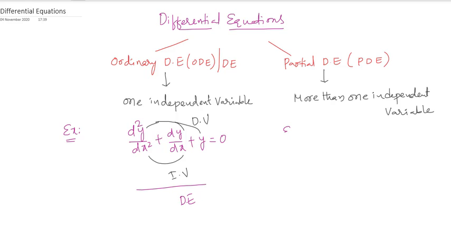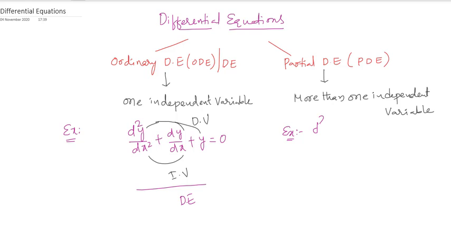Similarly, in the partial differential equation, we'll have more than one independent variable. Suppose I take an equation like d square z by dx square plus d square z by dy square. Actually, a partial differential equation is denoted with the dou, because that is the rate of change with respect to that.